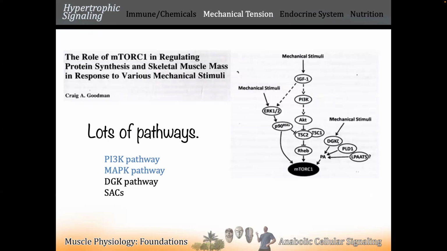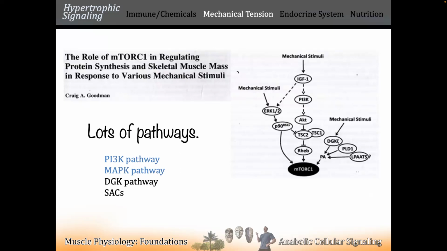So you load the cells and they release MGF, mechano growth factor, and you get autocrine signaling. Most of your IGF is coming out of the liver, but MGF, this variant, you're releasing from skeletal muscle in the presence of loading. So you'll get some additional PI3K and MAPK signaling that way as well through MGF in response to mechanical loading.